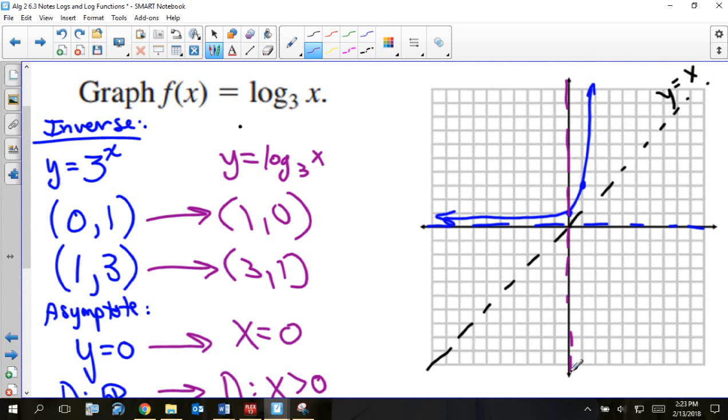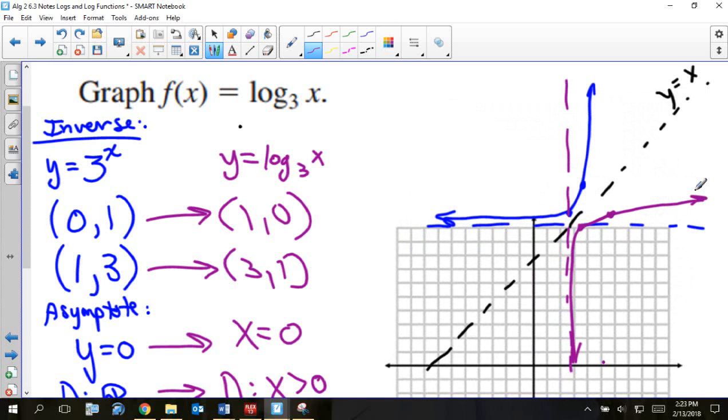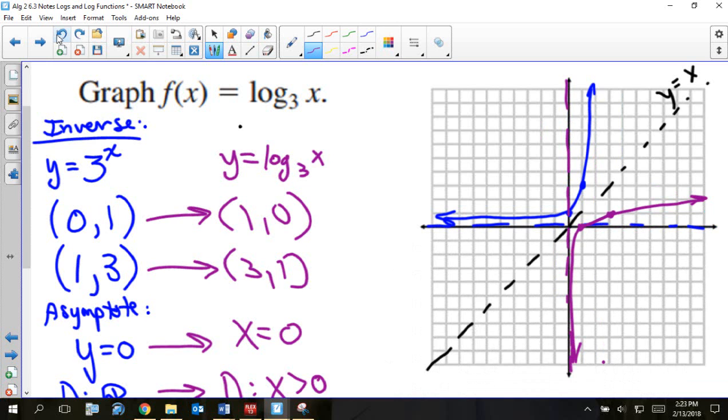That's where x equals 0 is. Ordered pair, 1, 0, 3, 1. If you need more ordered pairs, find some more, but you just use the asymptote. It looks like it reflects over the y equals x line. I don't even know what does that. If I knew, I'd stop doing it.